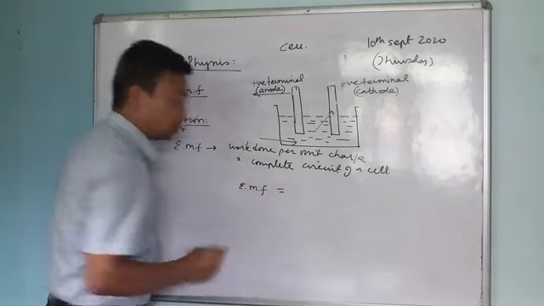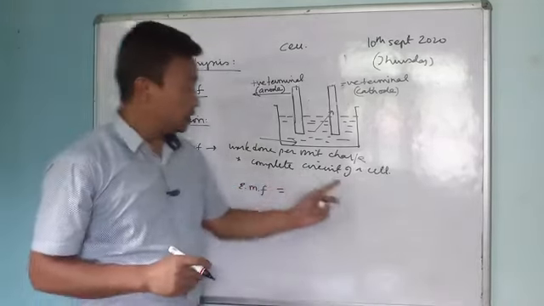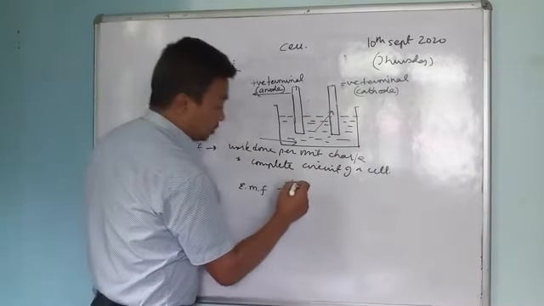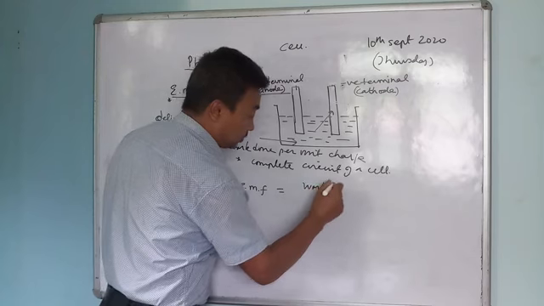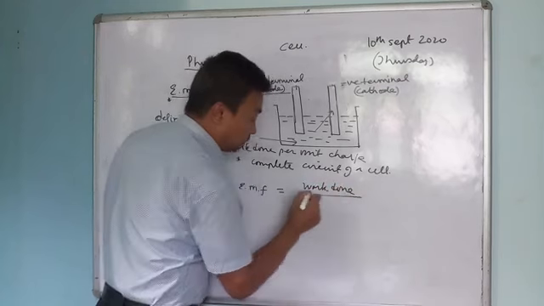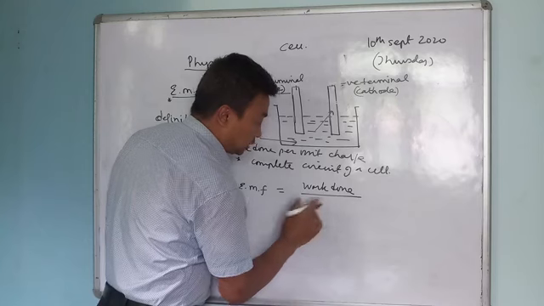So we have now your definition of the EMF, or we can also write down the formula of the EMF. EMF is work done divided by the positive test charge.